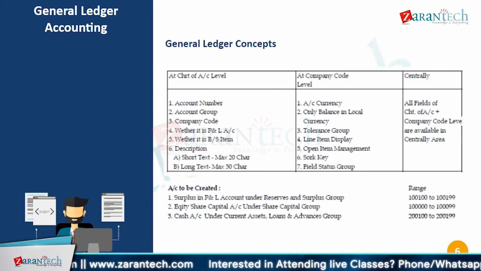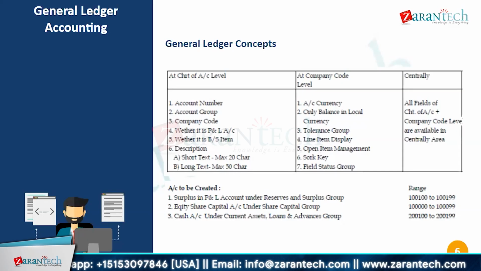At the company code level, for that same GL account, the currency can change. So the option at company code level is to add the currency this GL account will be maintained in, whether the balances will be kept in the currency that the document has been entered in, or the balance will be shown only in local currency.